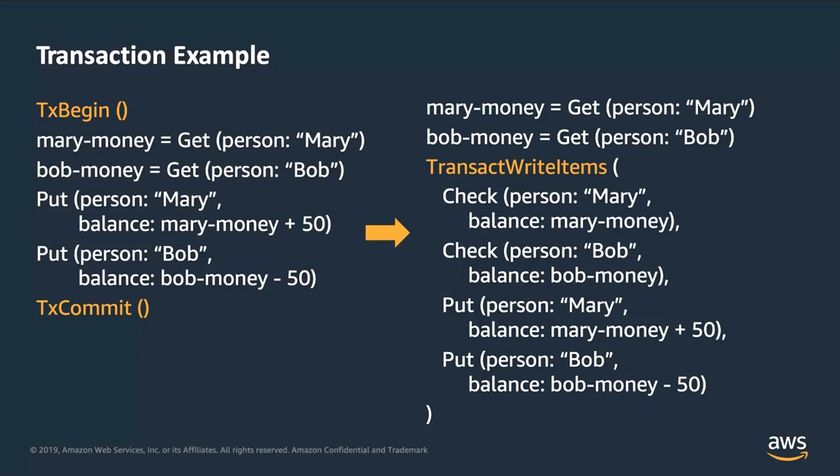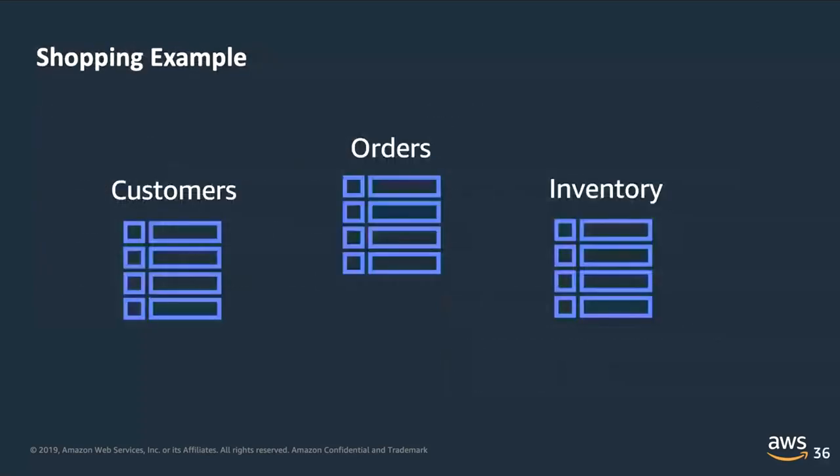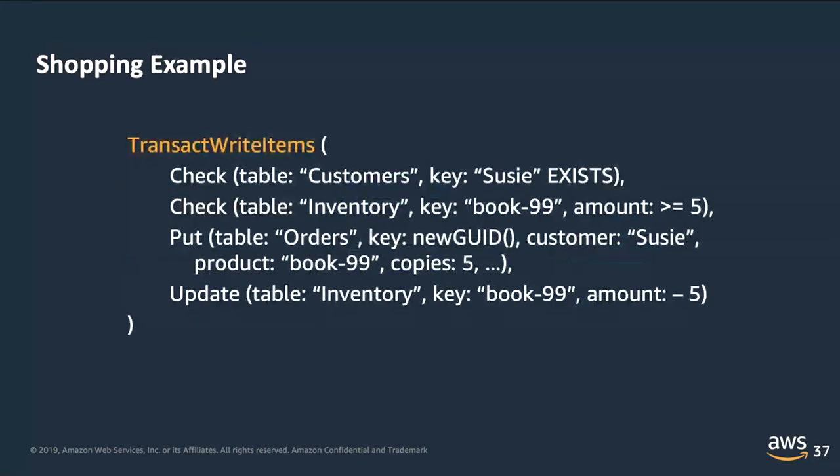All right. Then the shopping example, if you go back to that, you're doing a shopping application. You have the customers table, orders table, inventory table. You need to do a check on whether the customer exists, whether the inventory is available, and then you want to update the orders table, create the entry in the orders table, and also update the status in the inventory table.